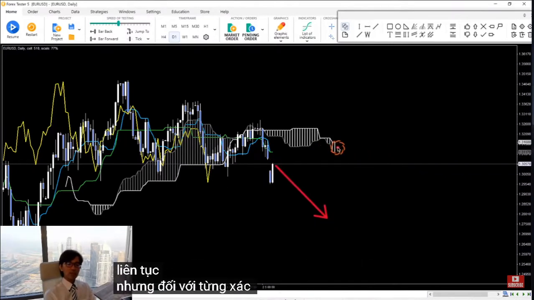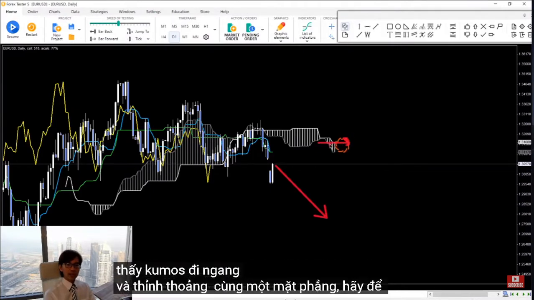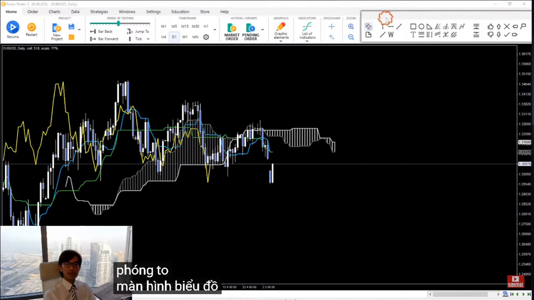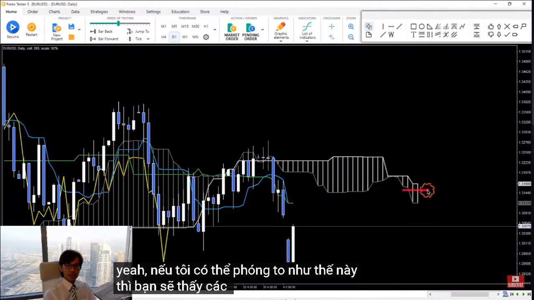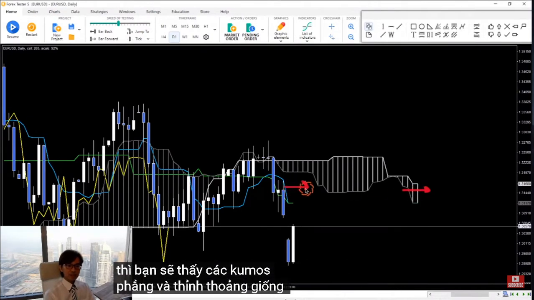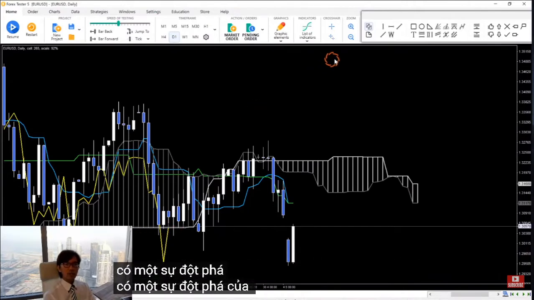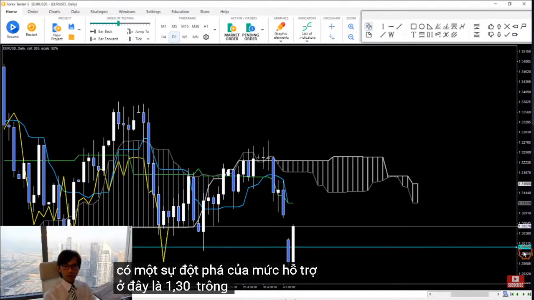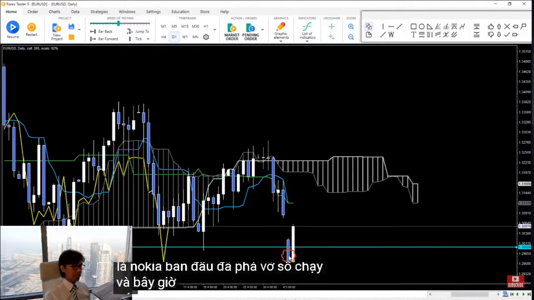But as per Ichimoku confirmations, I see the Kumo is flat and the Kijun-sen is flat too. Let me enlarge the chart. If I enlarge it like this, then you see the Kumo is flat and the Kijun-sen is flat right now. But there is a breakout of the support level, which is over here at 1.30. It looks like the market initially broke the round number, and now it's heading backwards.